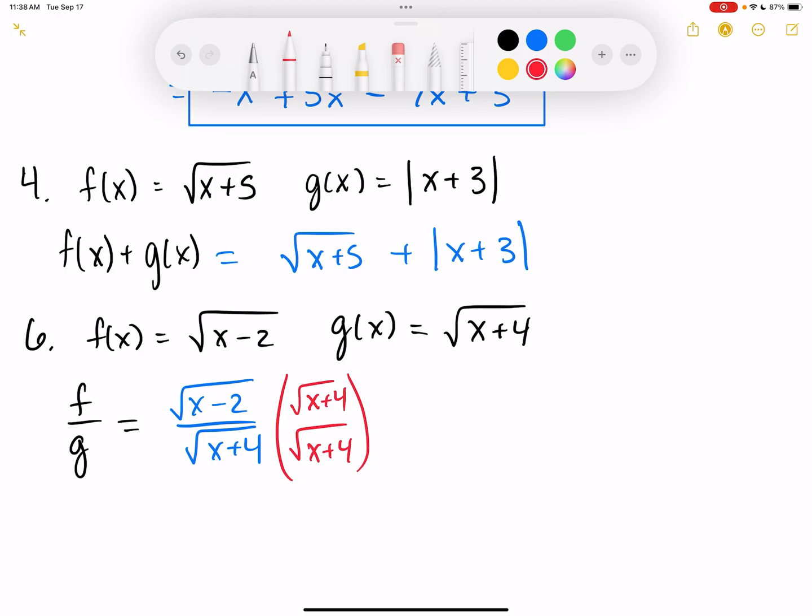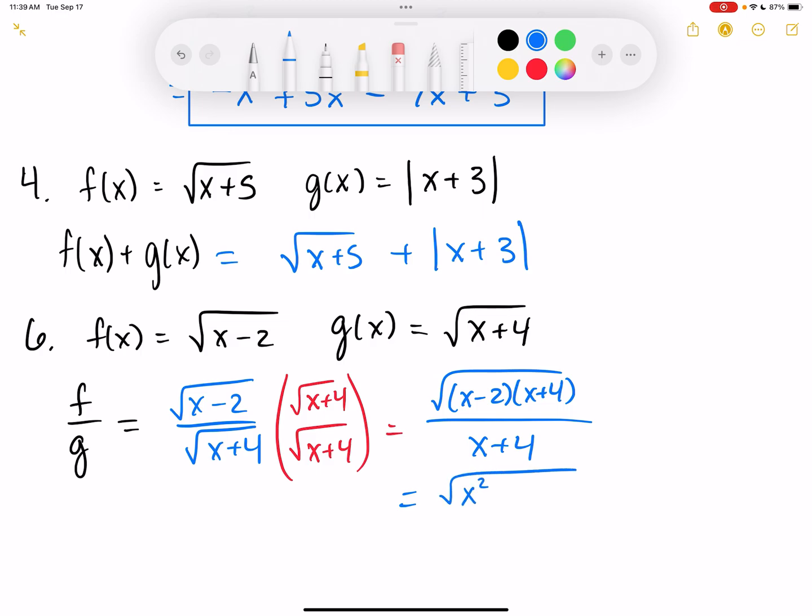So that gives me the square root of x minus 2 times x plus 4 over x plus 4. And then on the top you have the square root of x squared minus 2x plus 4x, so plus 2x minus 8, over x plus 4.